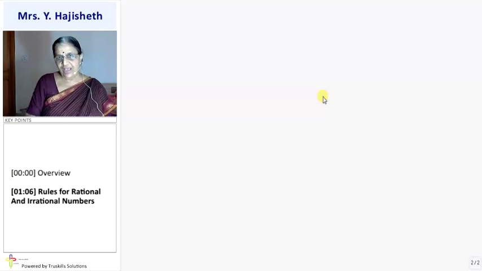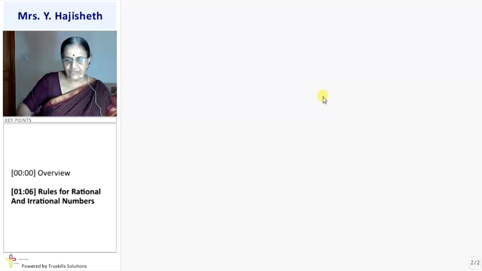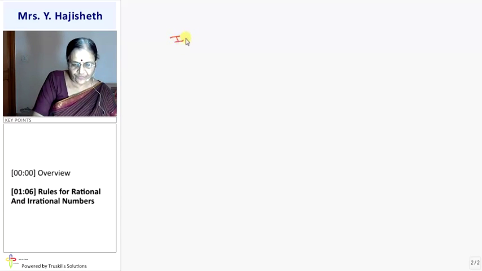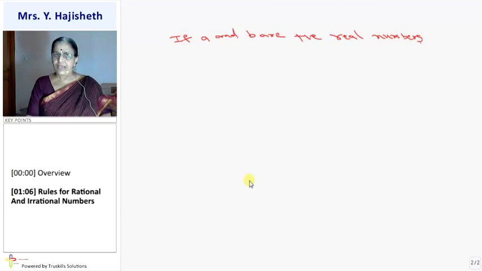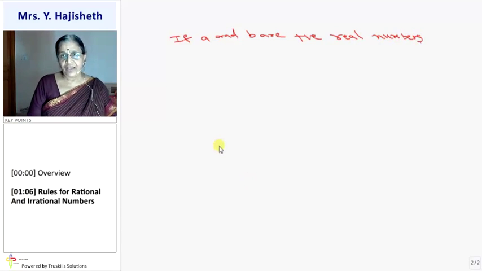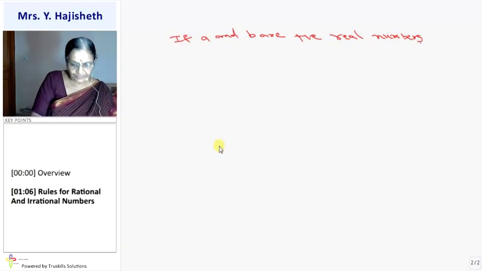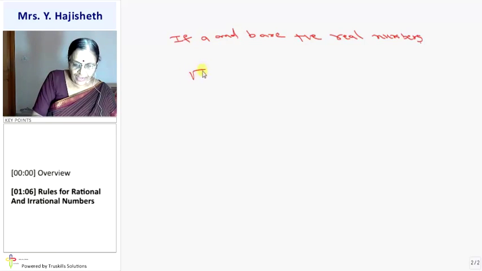Now, what is the algebra of irrational numbers? Suppose another rule, if A and B are positive real numbers. These are the important concepts I am giving you, okay? So we have rules for real numbers. Root A into root B can be written as root AB. This is the first rule.